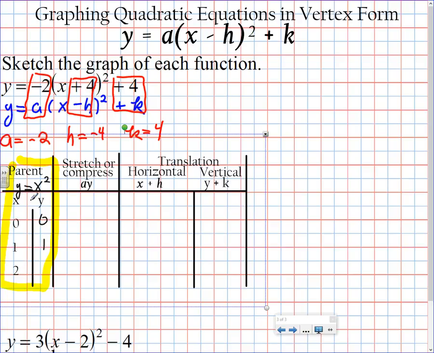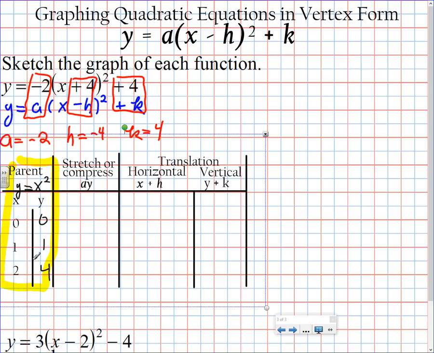And if x is 2, 2 squared will give you, I'm sorry, I messed up right here. It should have been 4. 2 squared will give you 4. The parent is always y equal to x squared, and you always use the same points: 0, 0, 1, 1, and 2, 4.